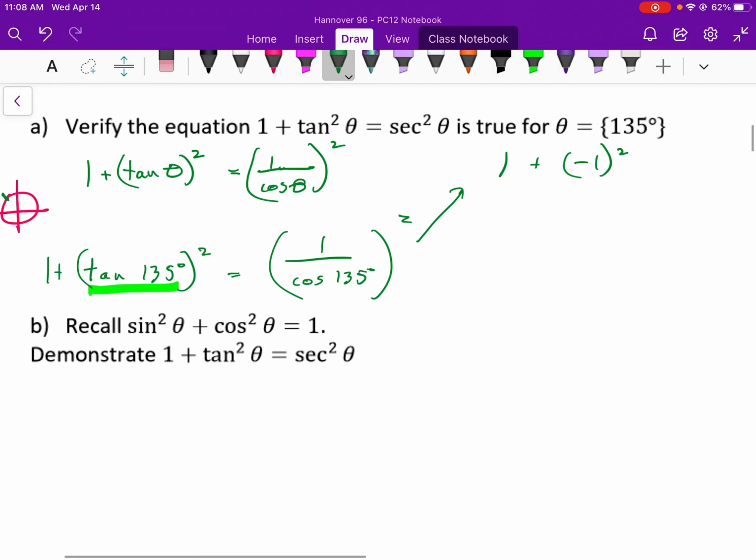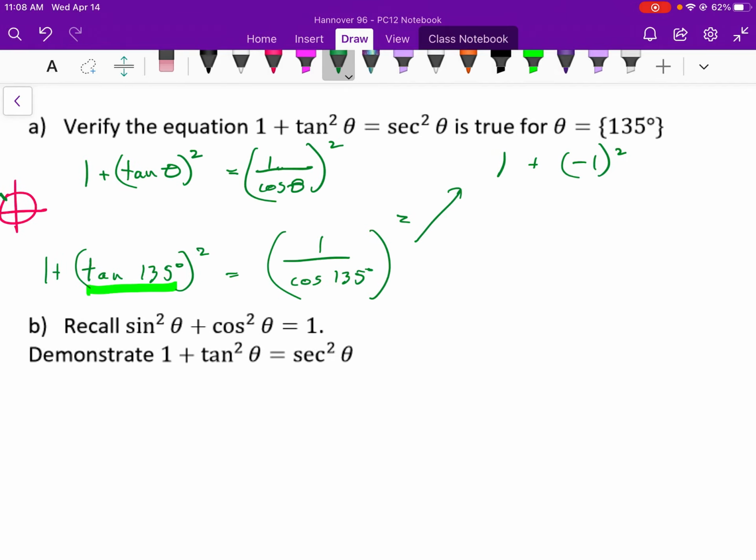So squared is equal to 1 over the cosine of 135. Well, the cosine of 135 is 1 over root 2, and I need to square that.